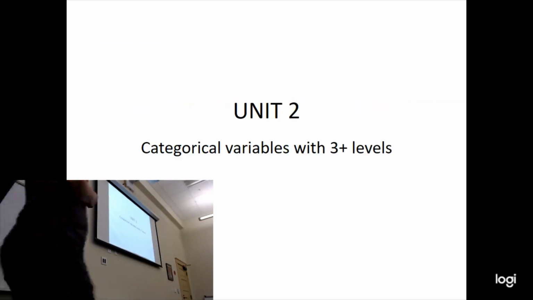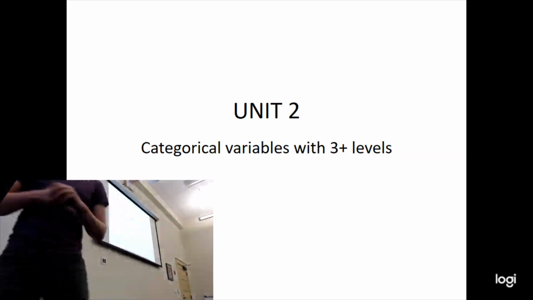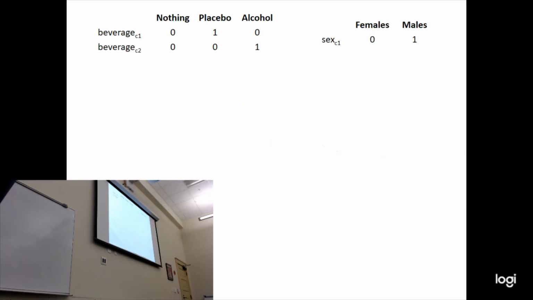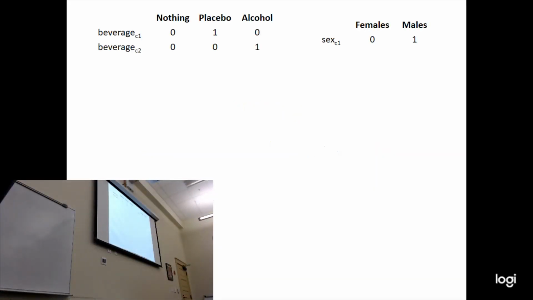Today we're going to have our last lecture on categorical variables with 3 or more levels. Before we get to today's topic, I wanted to have one brief jaunt back to the issue of interactions with categorical variables with 3 or more levels.